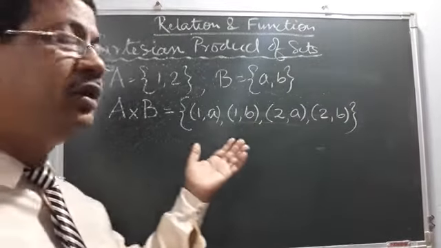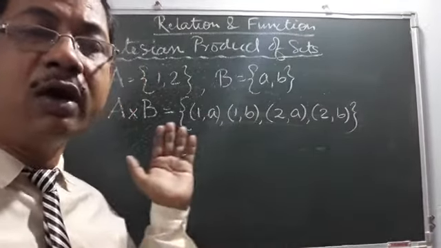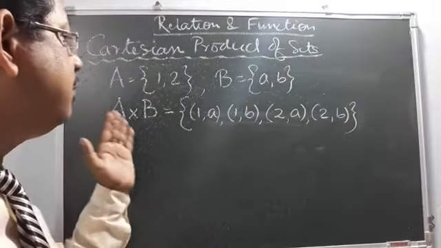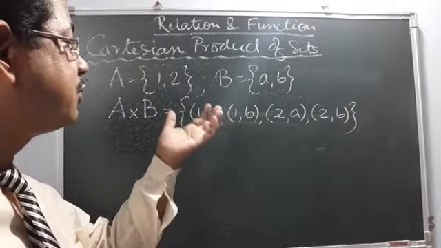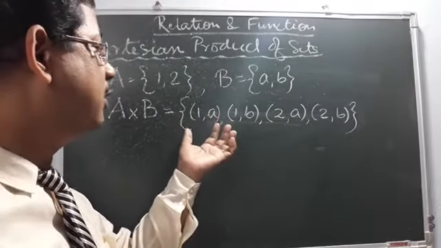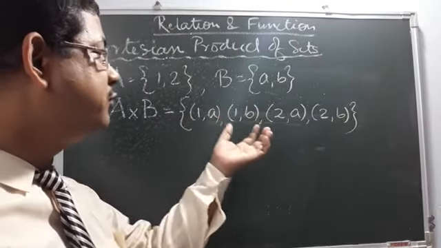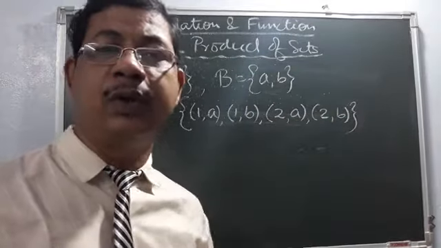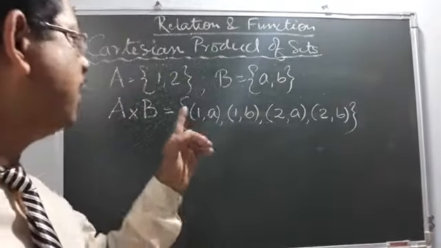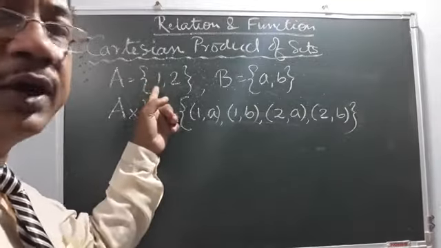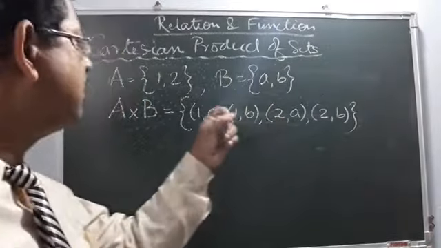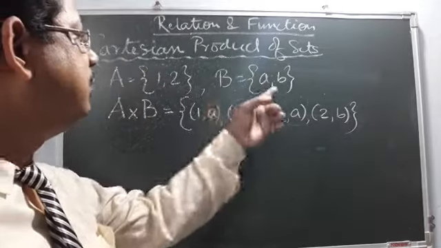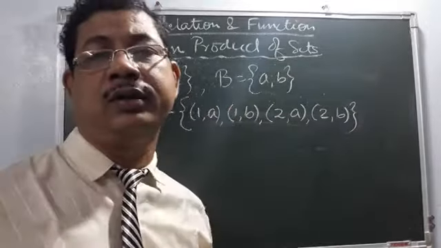A cross B, or the Cartesian product of sets A and B, is a set which contains elements that are like pairs. See, this is one pair, this is one pair, this is one pair, this is one pair. And each pair's first element is from set A, second element from set B.